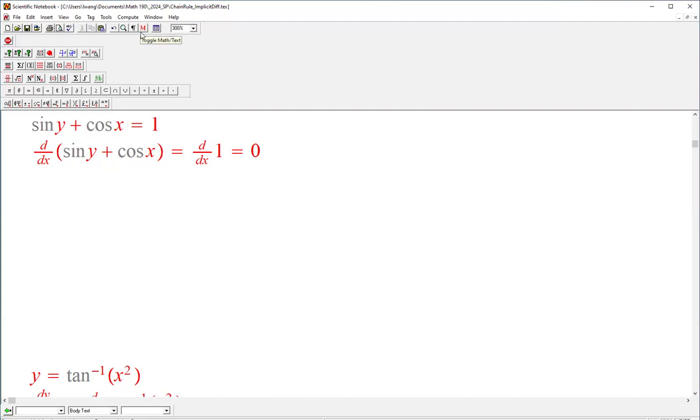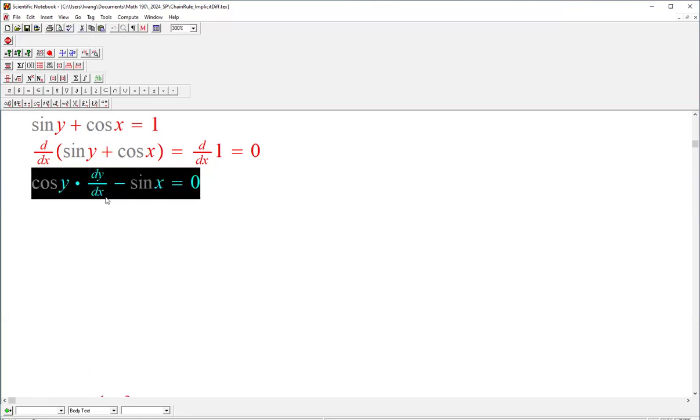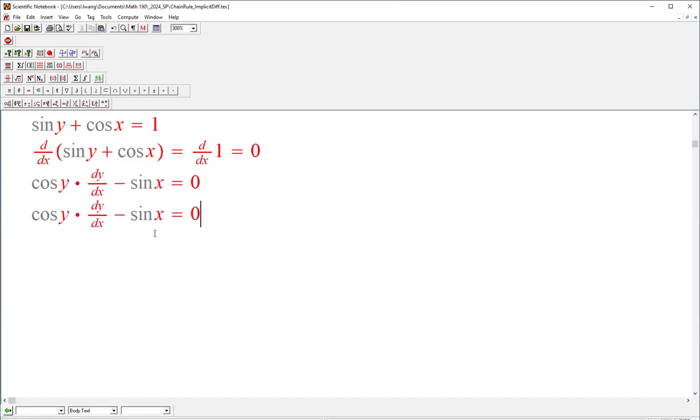By this time, I assume everybody is pretty good. Cosine y multiply dy dx, plus the derivative of cosine x, which is negative sine x, equals 0. This one may be unusually easy, but we just do some trig function for a change.